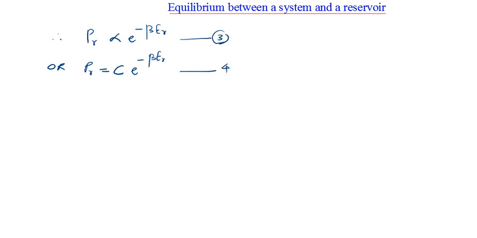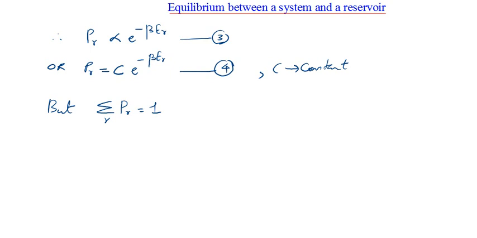In order to evaluate the value of the constant C, let's use the fundamental property of probabilities. What is the fundamental property of probabilities? You know that the total probability, the sum over R of PR, should be equal to 1. In the previous session we discussed that.